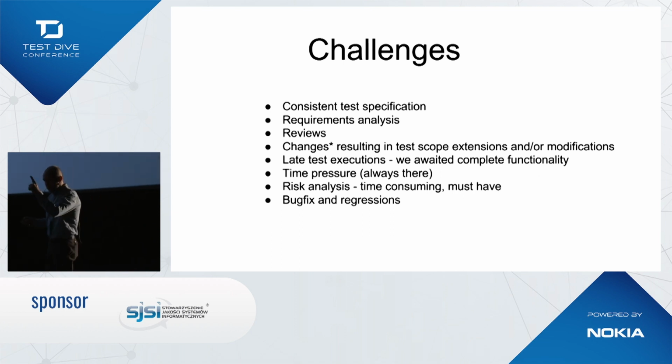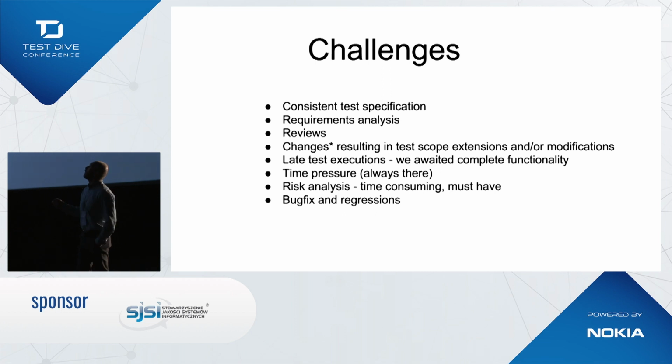Changes is marked with an asterisk, meaning that a restricted process actually shouldn't have too many changes, but it does, and we have to be prepared for those. But what happens when we perform the changes, or when we notice that somebody has changed his mind for whatever reason?